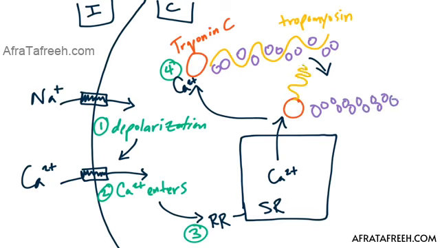This allows myosin, so draw myosin here, to bind to actin, which can then cause muscle contraction. And this is the final step in contraction.